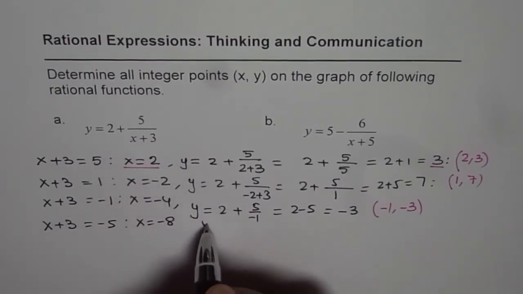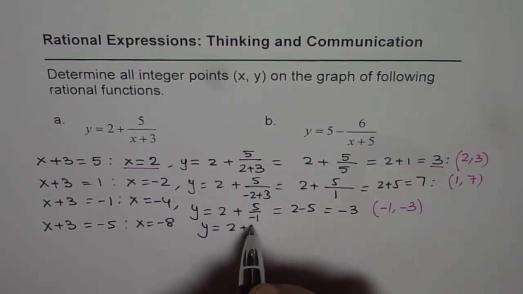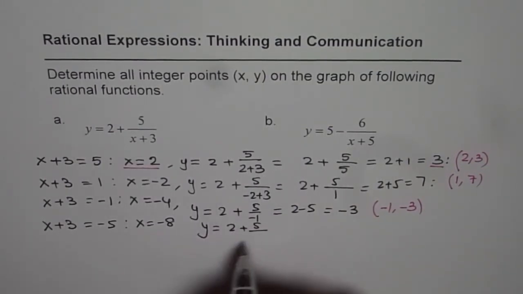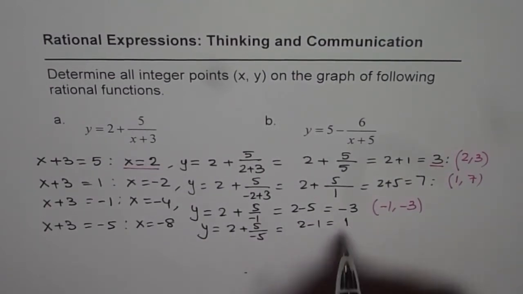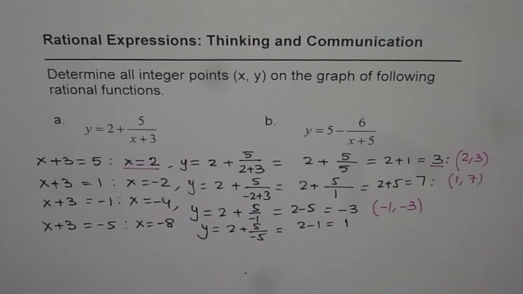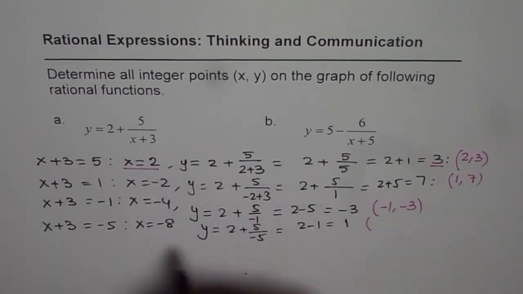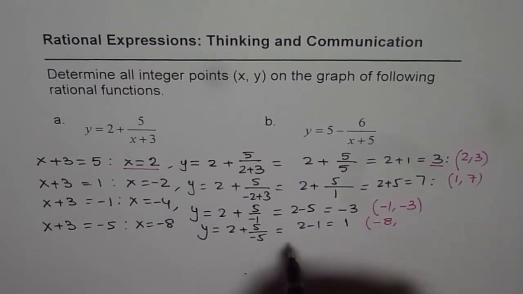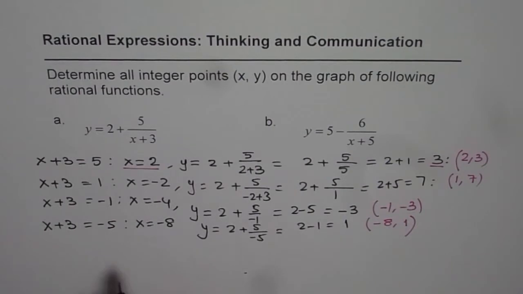So y equals 2 plus 5 divided by minus 5, that is 2 minus 1, which is just 1, right? So the point I'm going to get on this graph is for an x value of minus 8, the y value will be 1, correct?